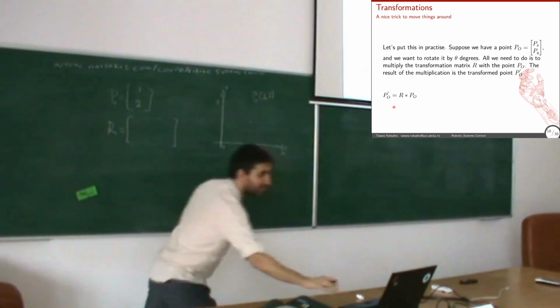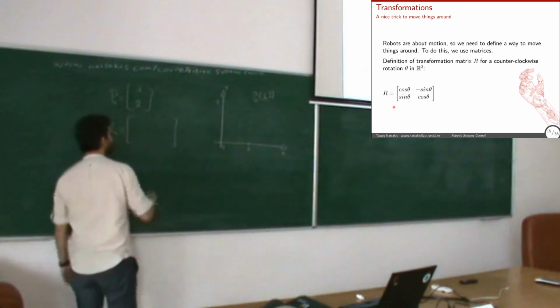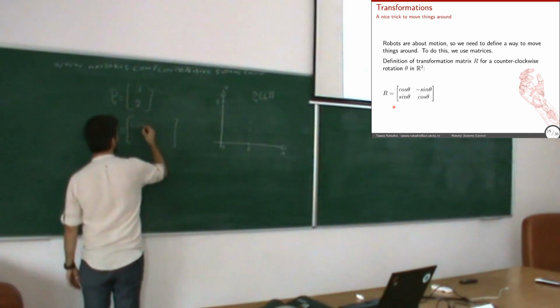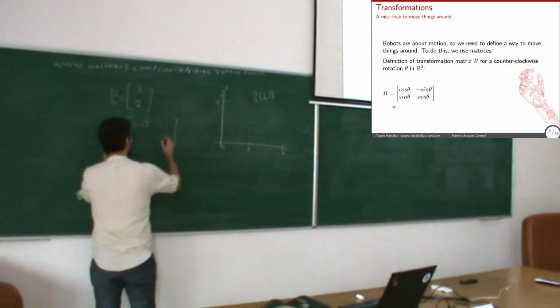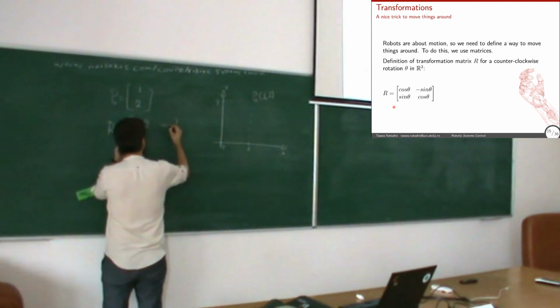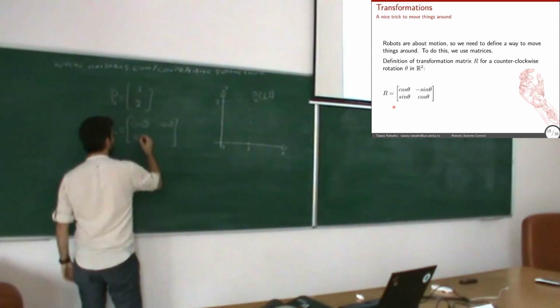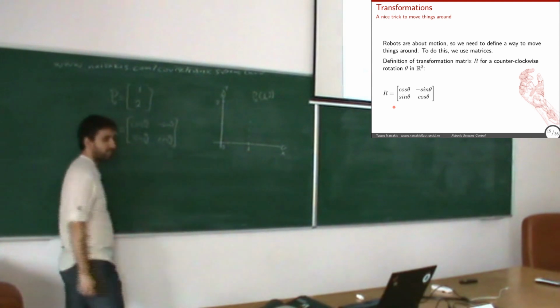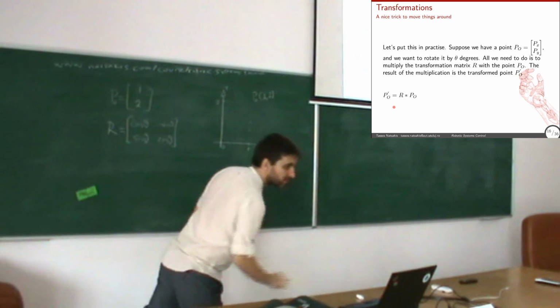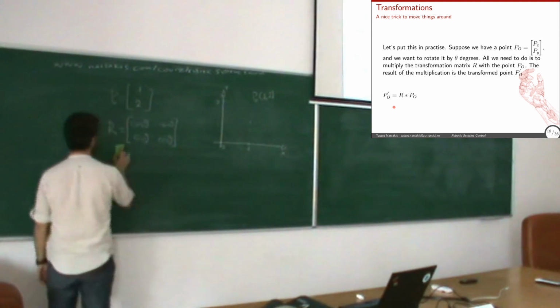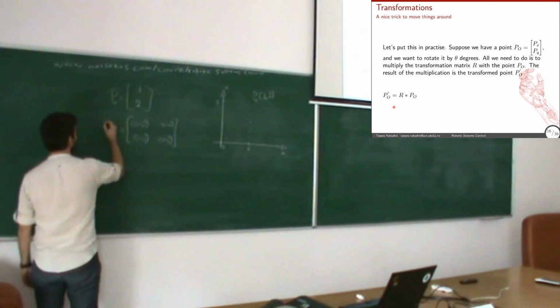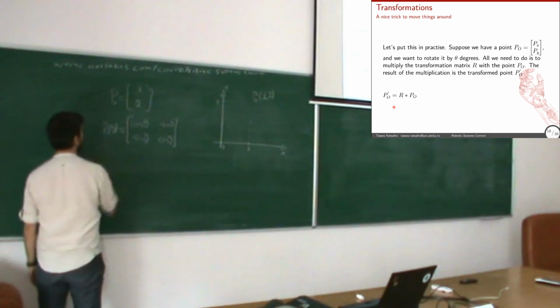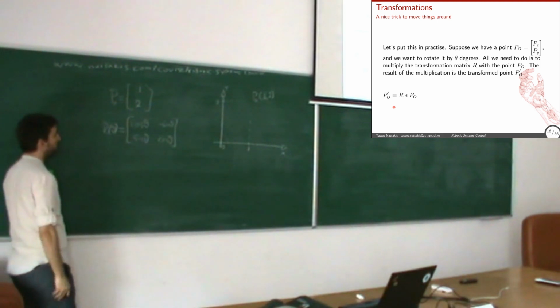Makes sense? Don't worry. It's cosine of theta, minus sine of theta, sine of theta, cosine of theta. Okay? So let's say this is R of theta.